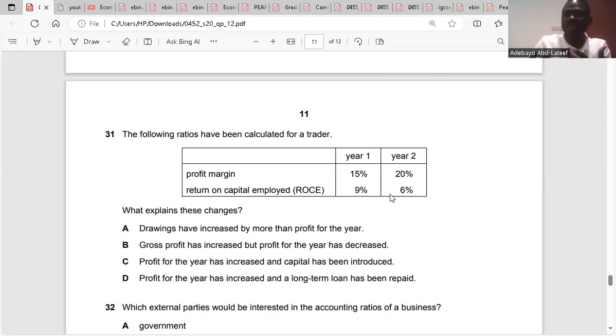If your profit stays the same but your capital employed has increased, what will happen to your return on capital employed? It falls. More money has been added into the business, but the return has reduced because you have to pay back the owners the amount put into the business. Is it clear?